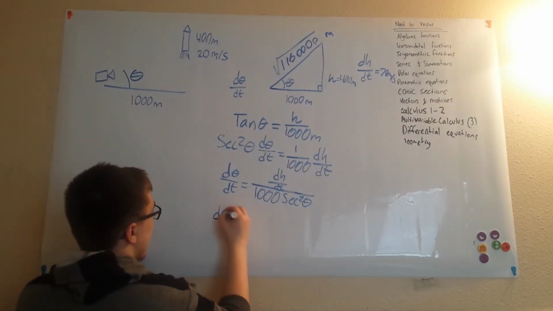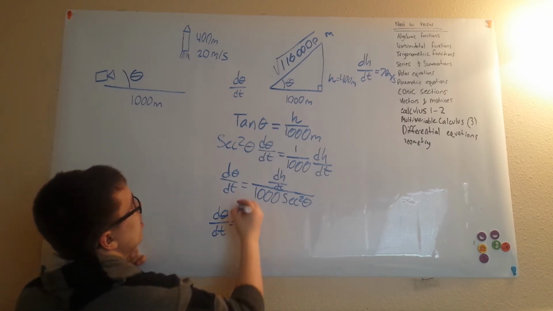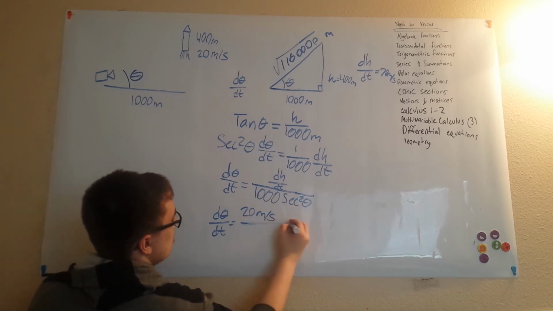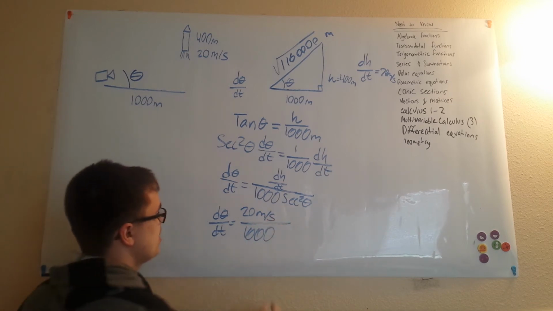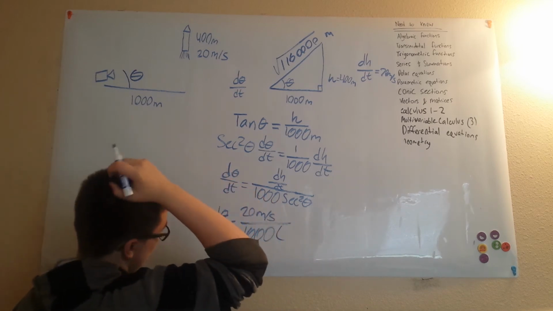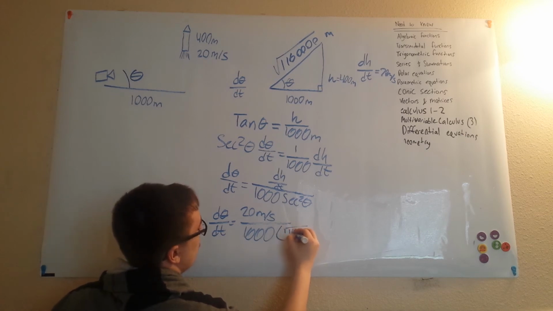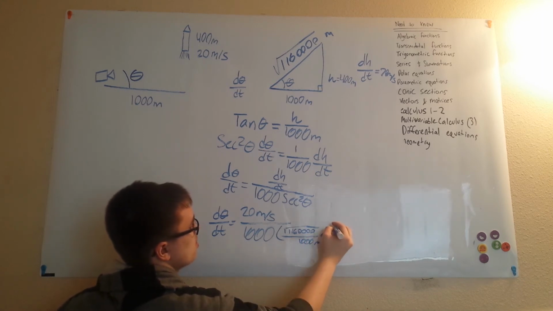So d theta dt is 20 meters per second over 1000 times this big large number, hypotenuse over, this is meters squared.